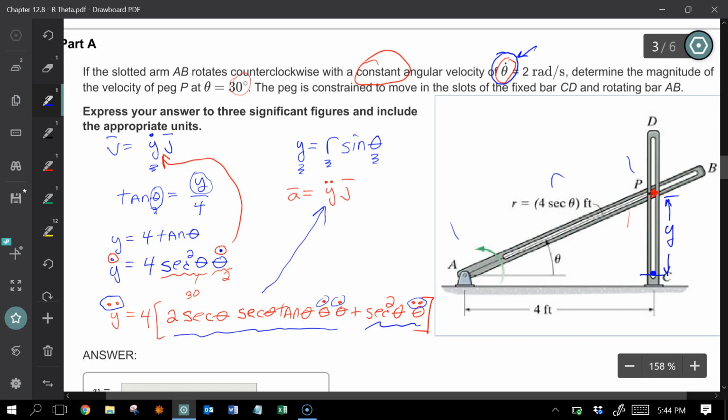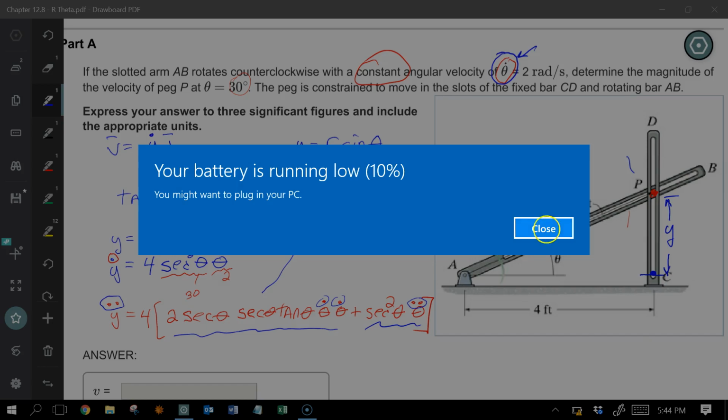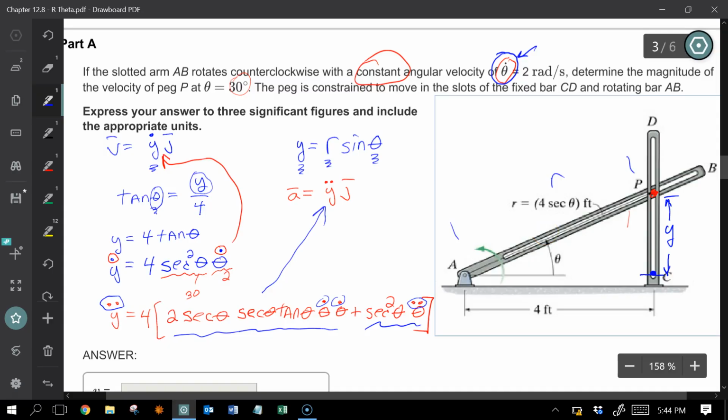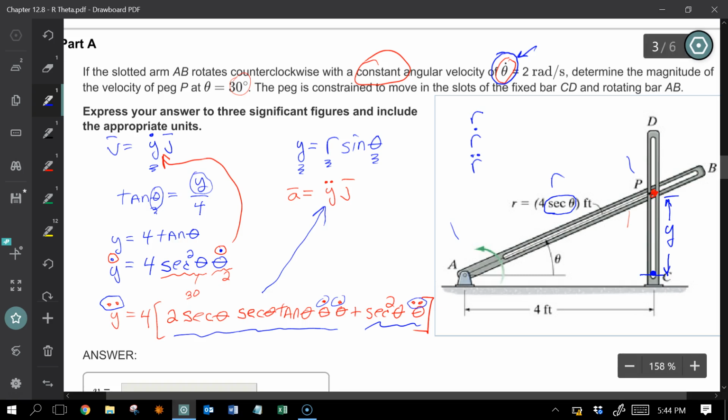Now, if you're saying, oh, that's too hard, I'm going to do it with polar coordinates, well, that's fine. But you're going to have to, first of all, given the formula for R, take one derivative, and then take another derivative, right? And what you're doing over here is going to be almost just as complicated, if not more, because you're going to take the derivative of the secant, and you're going to take 2 of them, so you're going to end up expanding it out.